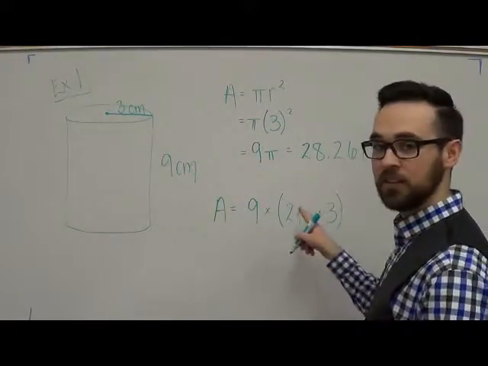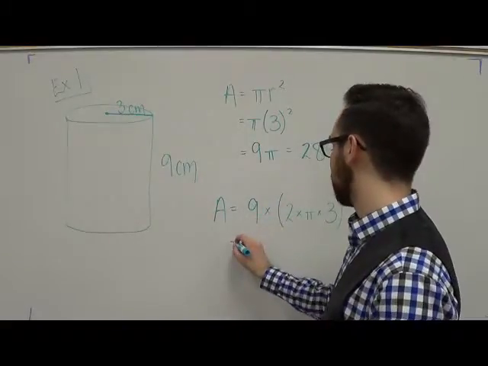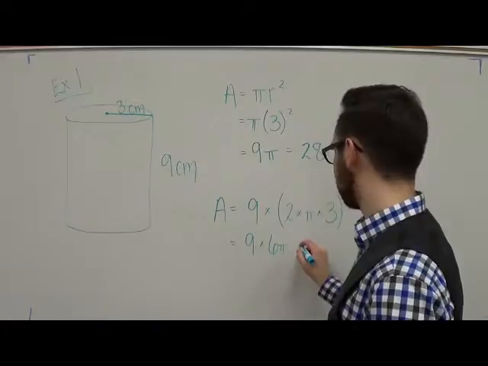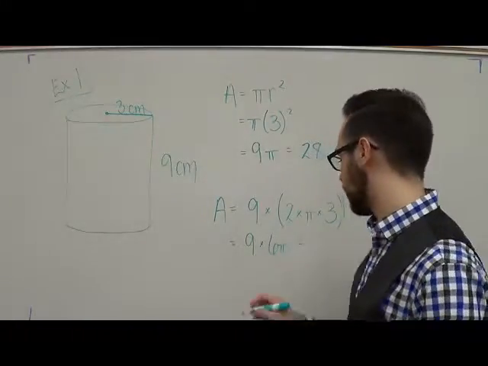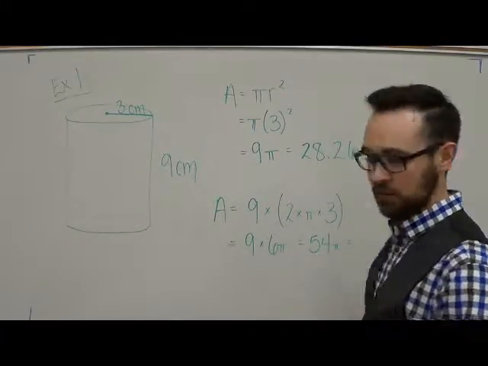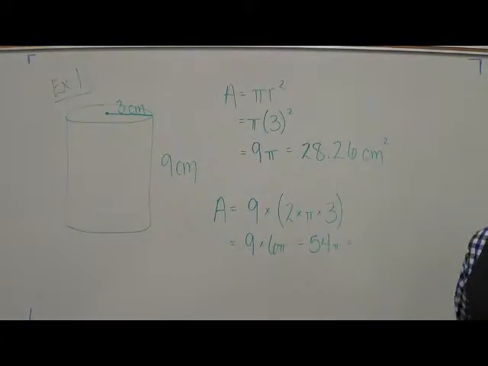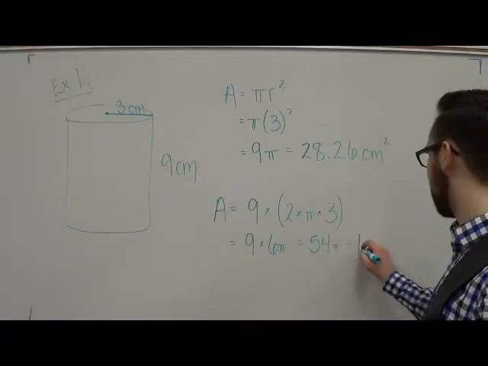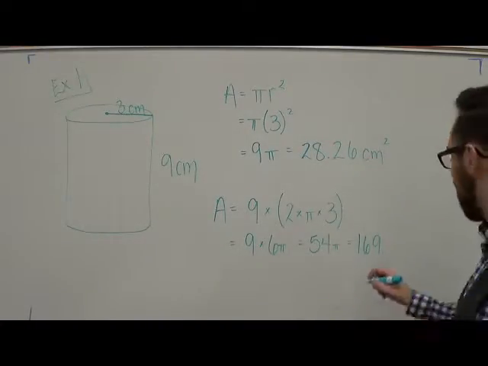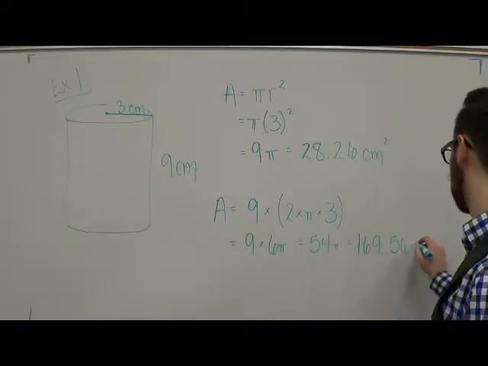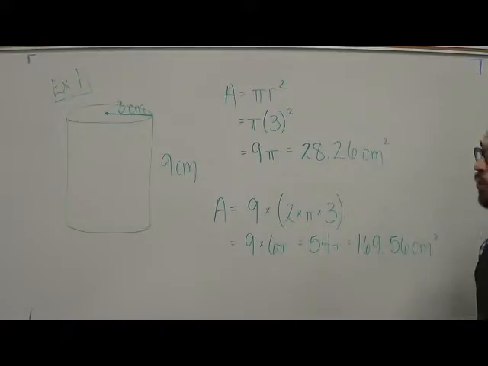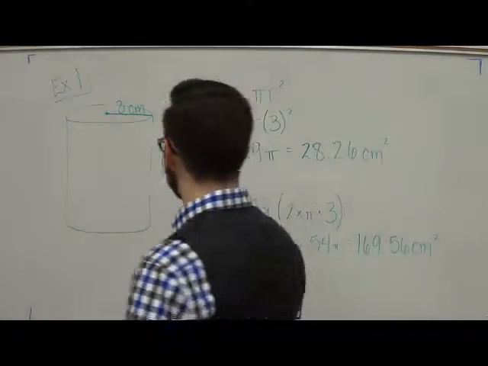This will be our length, and this will be our width. So we end up with 9 times 6 pi. So we get 54 times pi, and that will give us 169.56 square centimeters.